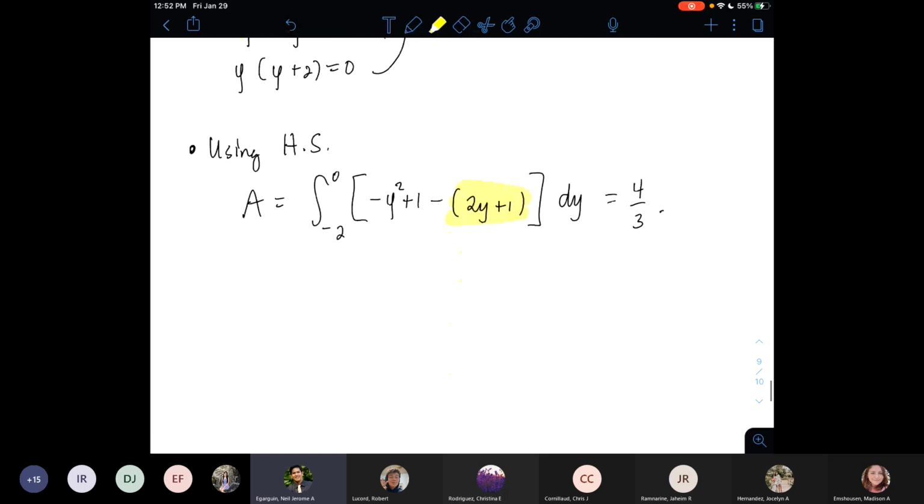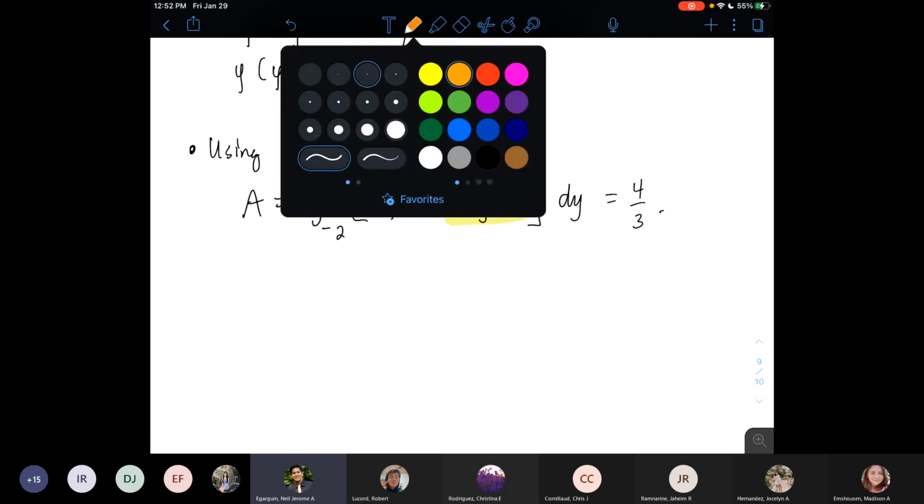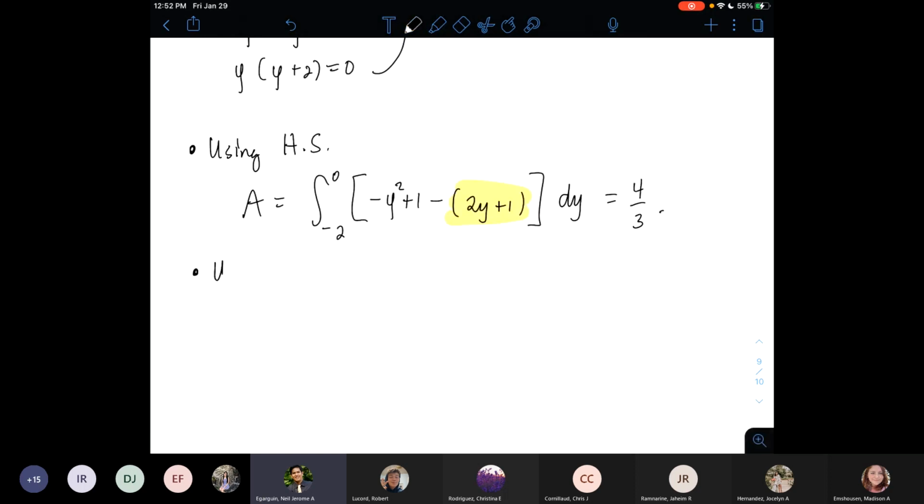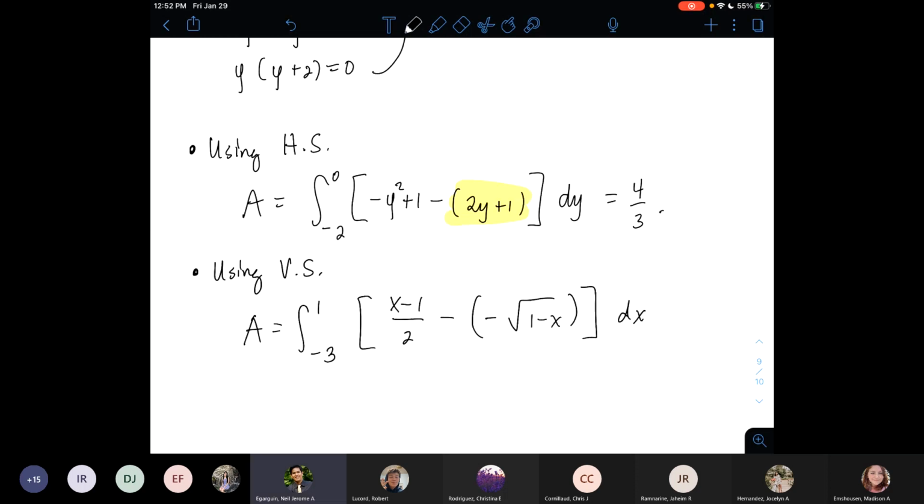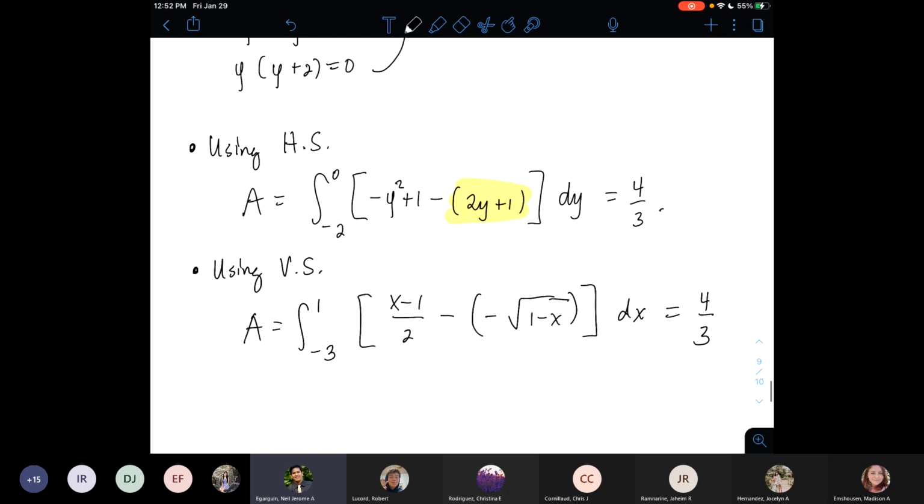So kindly check, probably as your homework or something to do when you're bored at home. If you use vertical strips, then the integral should be from -3 to 1 of (x minus 1)/2 minus negative root of 1 minus x dx. And if you evaluate that, that will also give you 4/3.